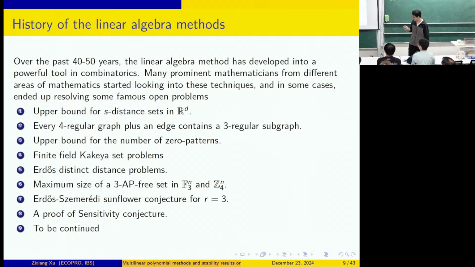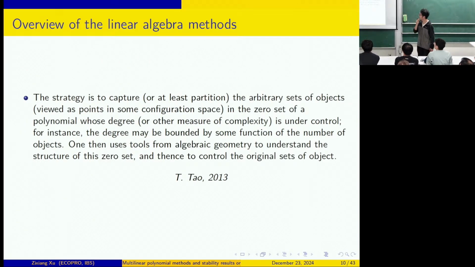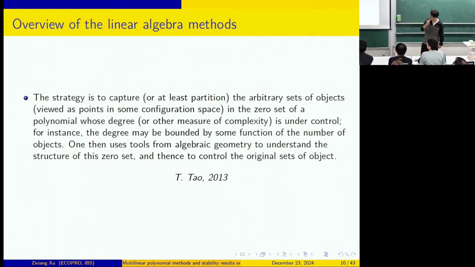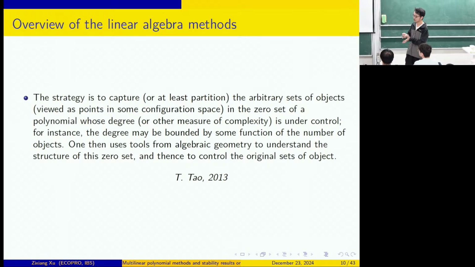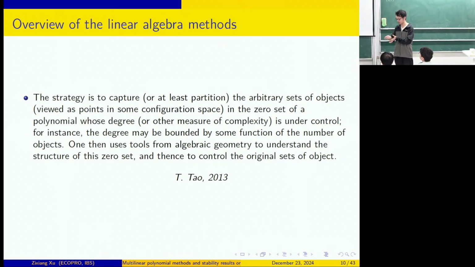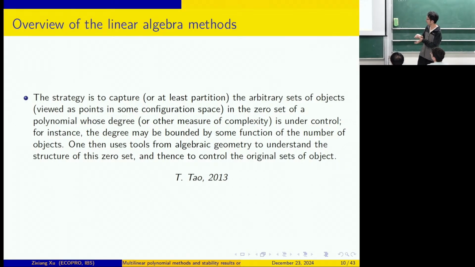Okay, so today, as said in Tao's blog, the strategy of the linear algebraic method is mainly that you associate some combinatorial objects or geometric objects with the zero set of some algebraic objects, for example polynomials with bounded degree.